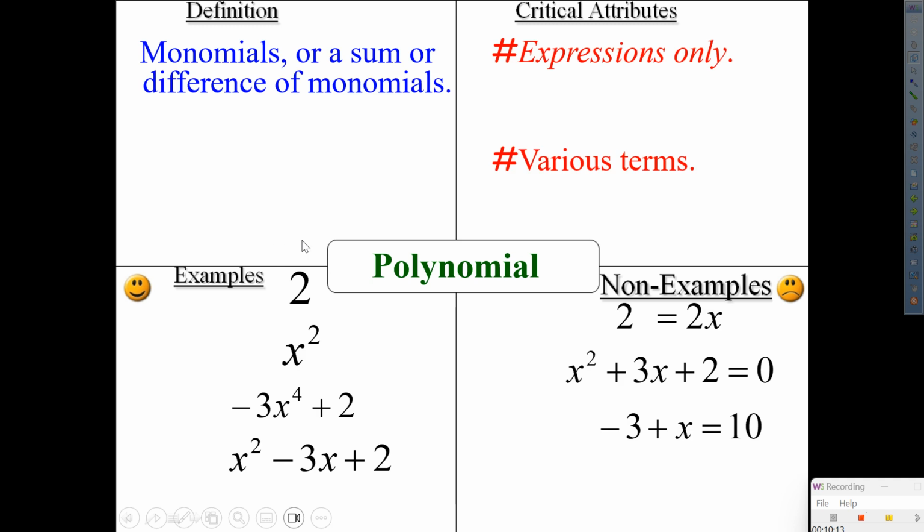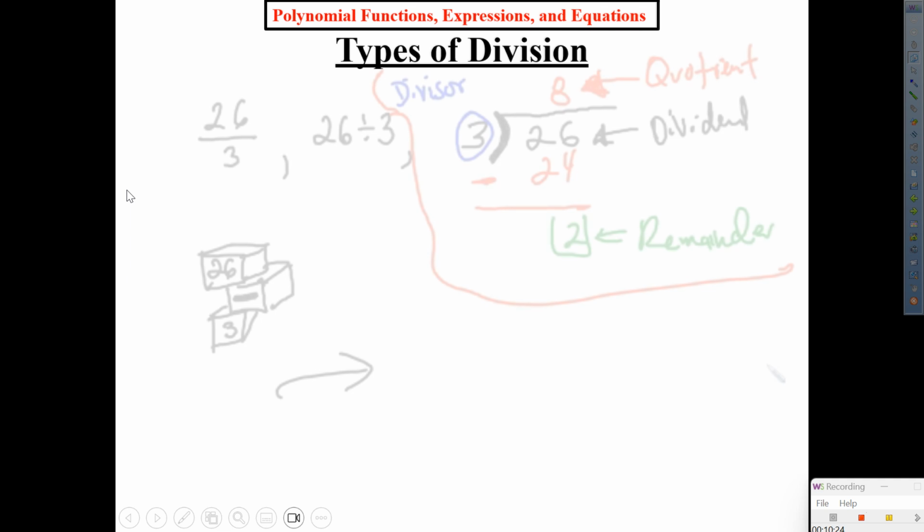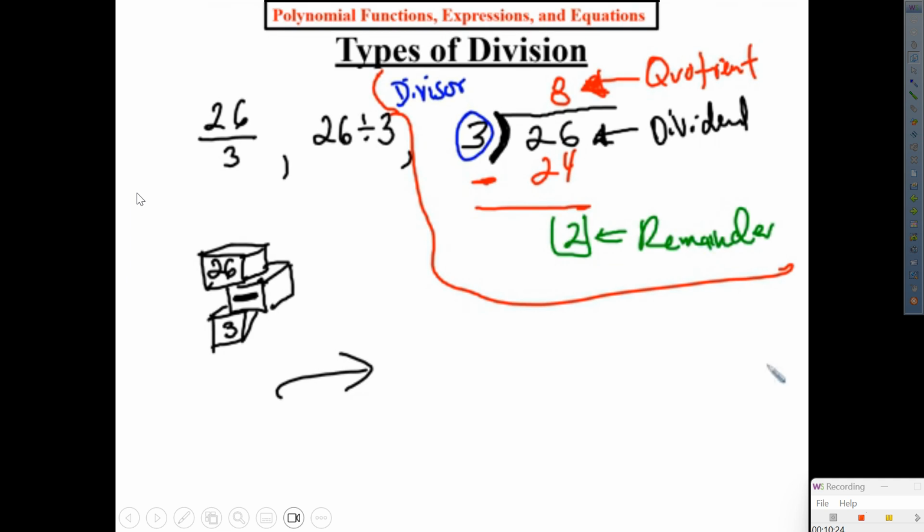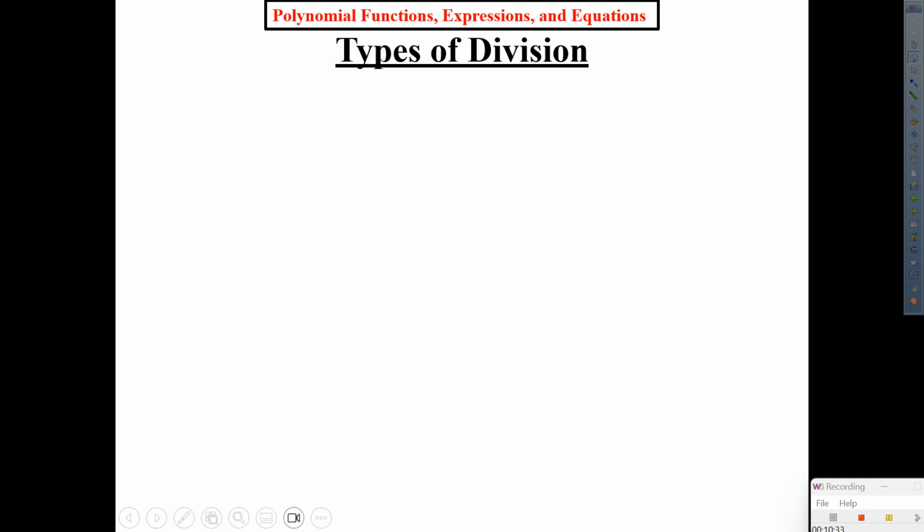Monomials or sum or difference of monomials. We made posters, we made videos. You wake up, you're like, sum or difference of monomials, right? So, we got that. We started with division types, yes, 3 different ones, elementary, all good, yes. I do want to elaborate a little bit more on this. Look up to the screen, please, writing utensils down.